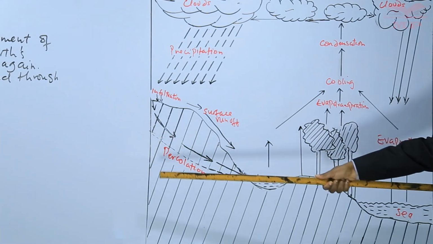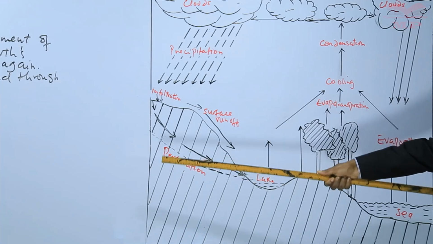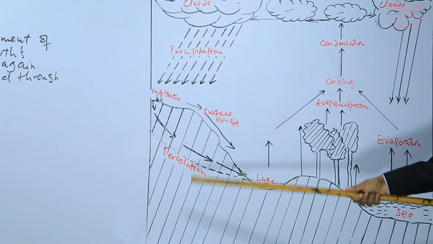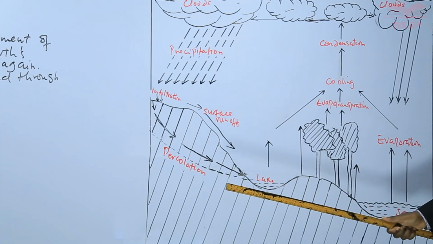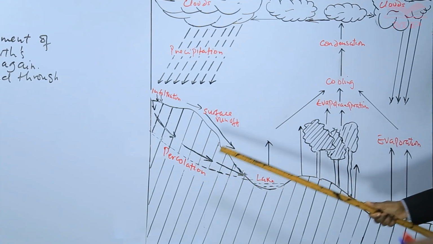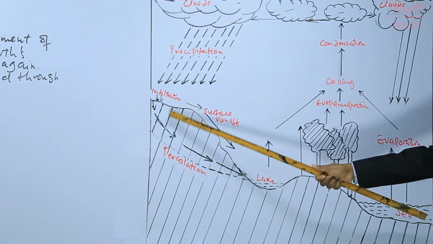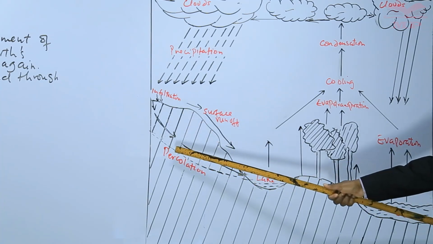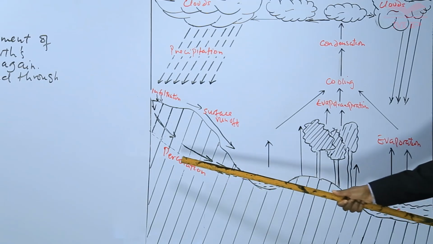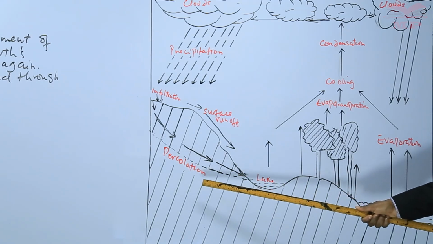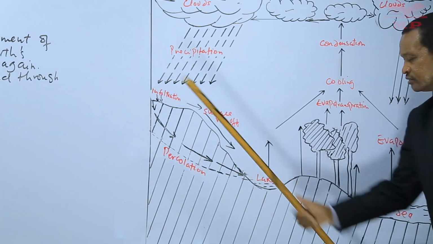And it does this by passing through cracks, through joints, through pores that exist between rocks, and also between the rock particles. And some of this water, learners, may reappear at some point.